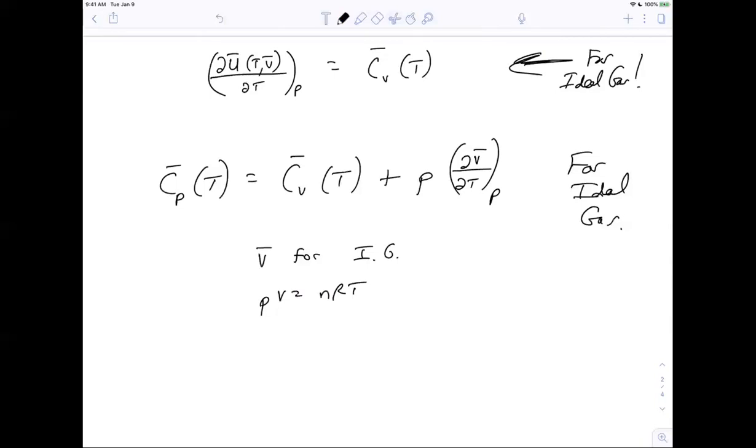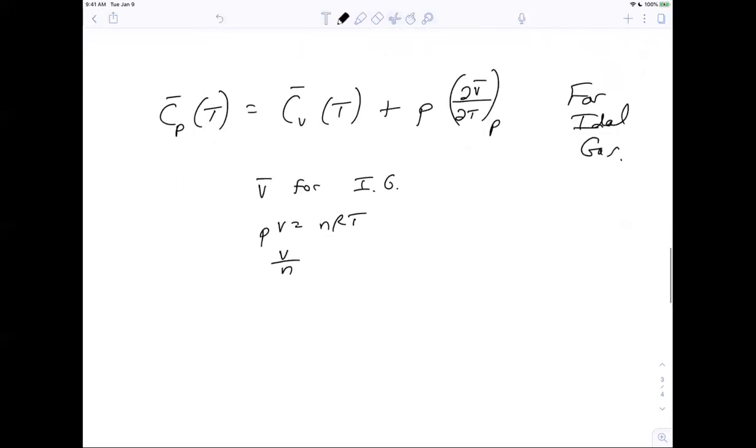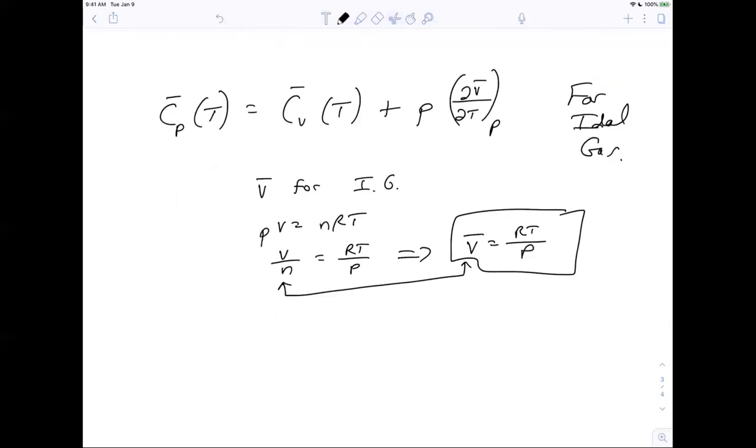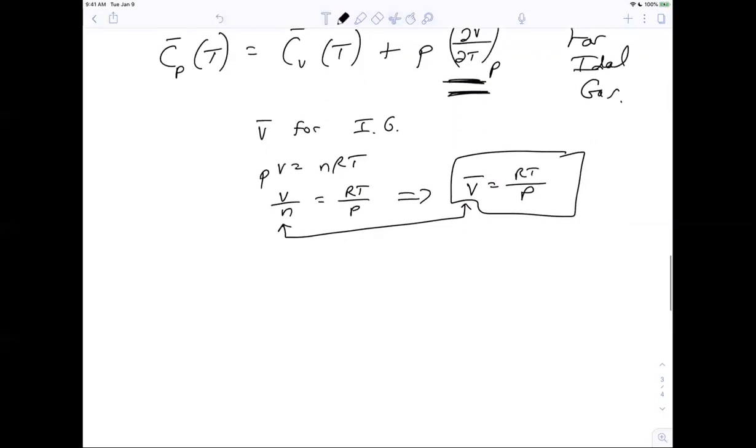Divide both sides by n, and then divide both sides by P. You get RT over P, but that's just V bar is equal to RT over P, because this guy is V bar, V divided by n. So we know that V bar is RT over P. For this term, we need to take the partial derivative of V bar with respect to T at constant pressure, but that's pretty easy.